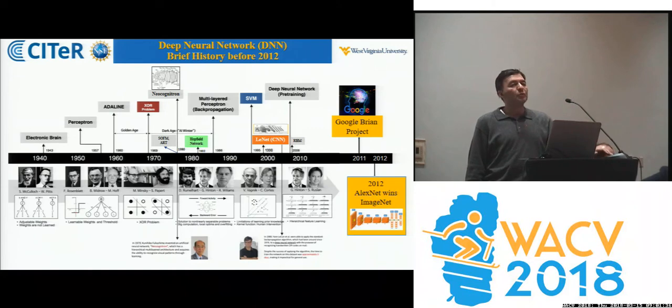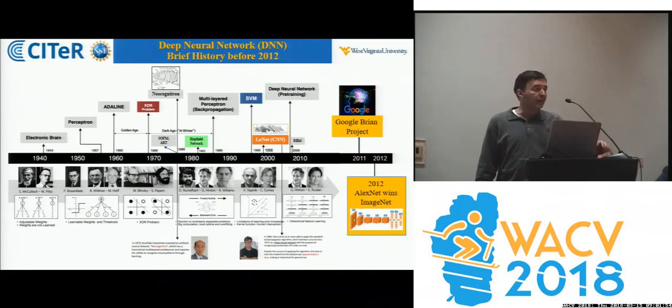But the major problem in the 80s and even in the early 90s, when I started to do neural networks, was that we didn't have data, and we didn't have the computational power to implement this. The lack of data was a major problem.